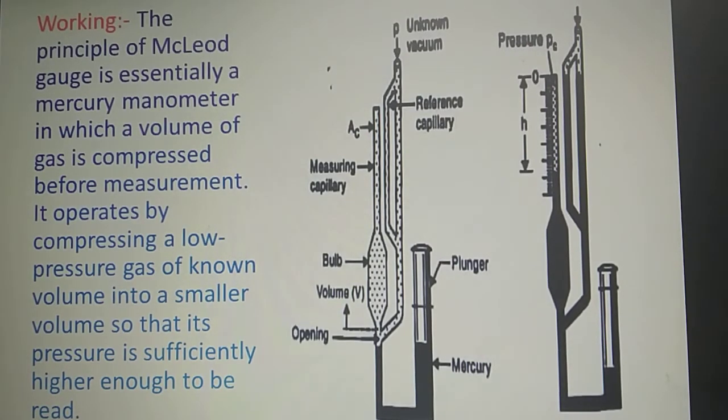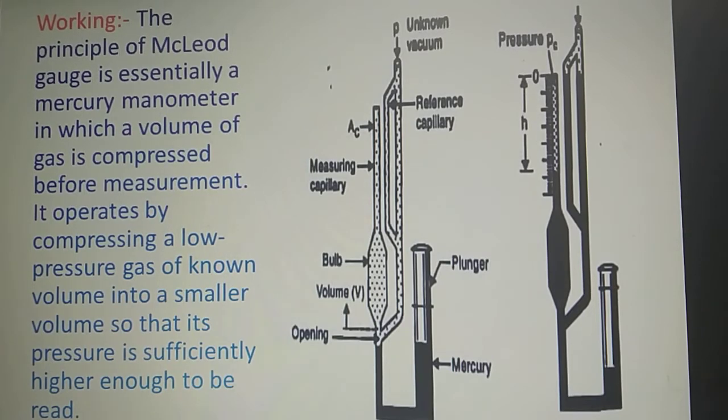So this diagram and the earlier diagram are both the same. There is no difference, just a small pictorial difference, because the mercury bulb is shown in a rounded shape in the earlier diagram. Here it is not exactly rounded, so a little bit of difference in the diagram, that's all. So what is the working of this McLeod gauge? The principle of the McLeod gauge is essentially a mercury manometer.